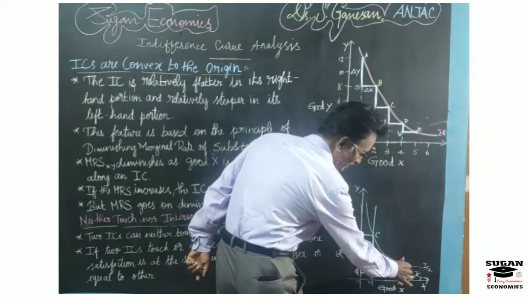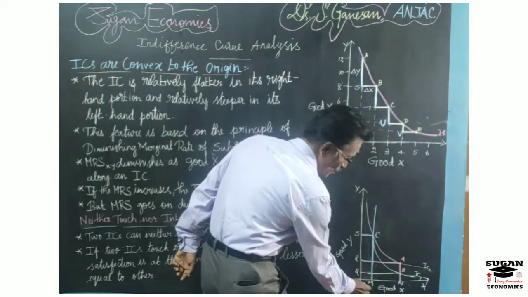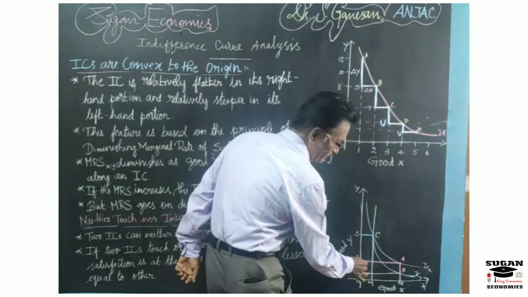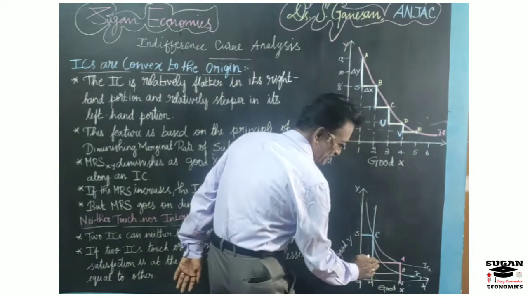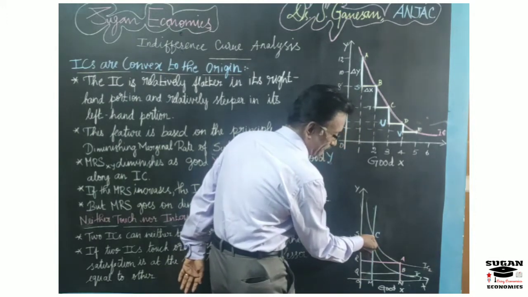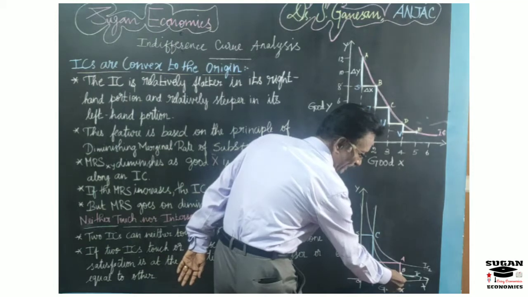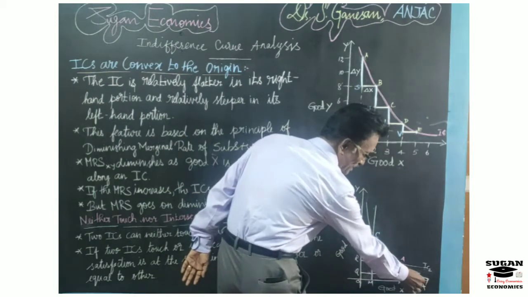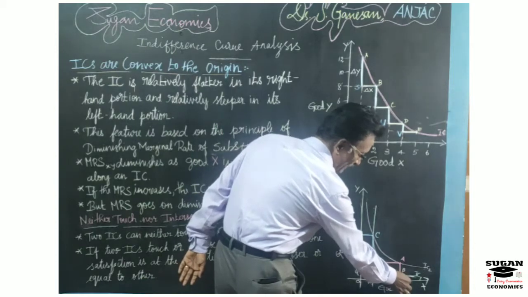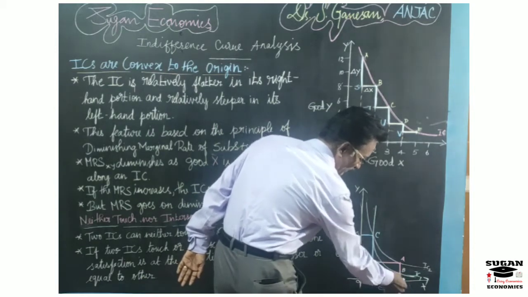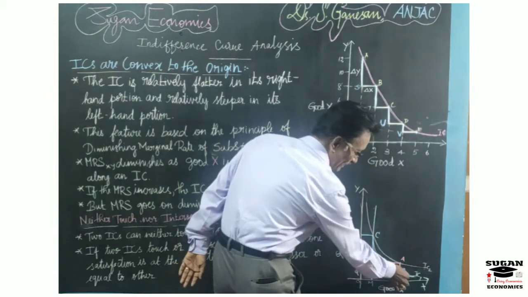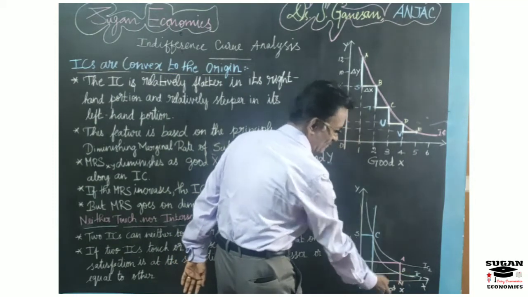At this point the combination is ON amount of good X and OR amount of good Y, so the consumer is getting more satisfaction than at point C. Suppose you take point B, it is on the lower indifference curve IC1. At this point the consumer has ON amount of X commodity and OQ amount of Y commodity, so the consumer is getting lesser satisfaction.